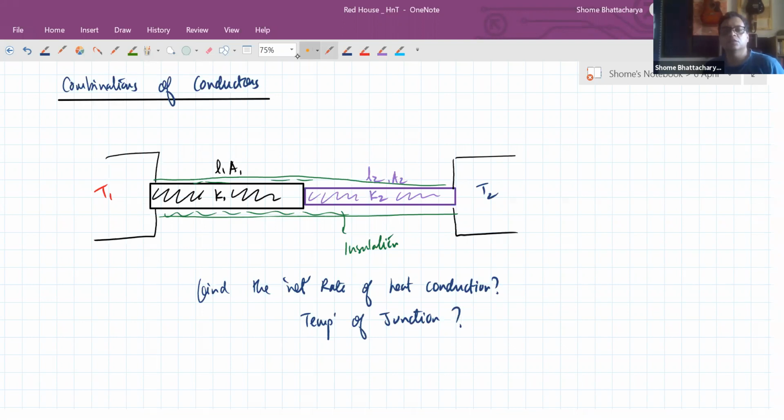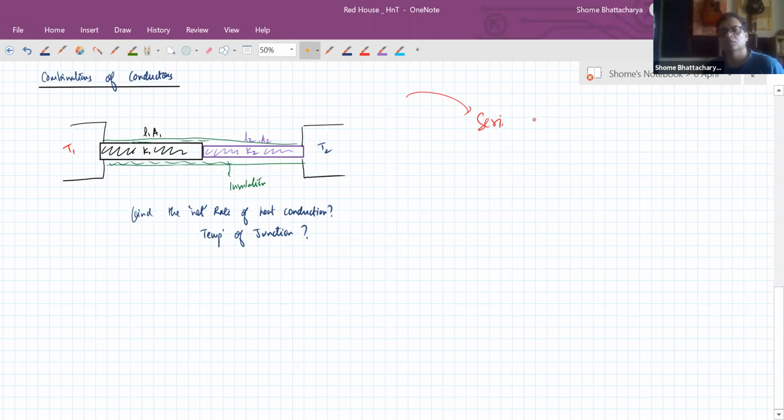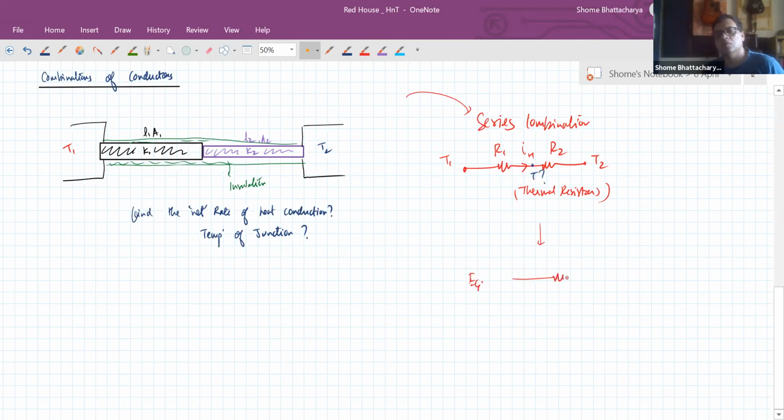So in this type of problem, we can convert this to a series combination of resistors, but only these are thermal resistors. At the ends we have temperatures T1 and T2 and a heat current flowing through like this. Suppose the temperature here is unknown. So this becomes equivalent to this, which is R1 plus R2.